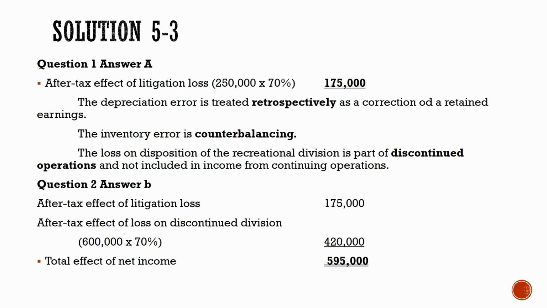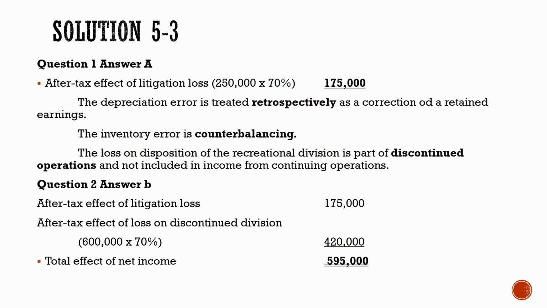So para makuha yung income ay ita-times natin yung litigation settlement na 250,000 sa income tax rate na 30%. Tapos yung makukuha nating amount doon ay ibabawas pa ulit natin sa litigation settlement na 250,000. So makakakuha na tayo ng after-tax effect on litigation loss na 175,000.